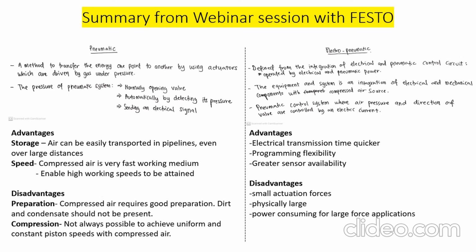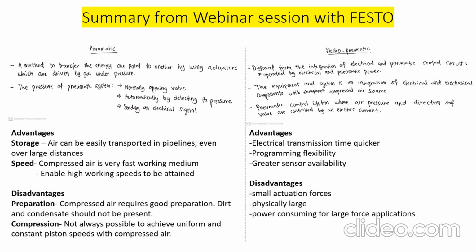And the disadvantage of pneumatics is the preparation. The compressed air requires good preparation. Dirt and condensate should not be present. It is not always possible to achieve uniform and constant piston speed with compressed air.